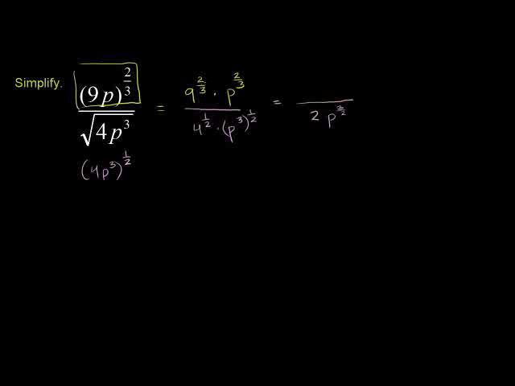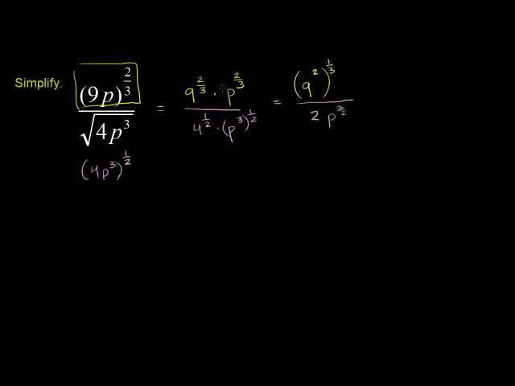Now 9 to the 2/3. See, the cube root of 9 isn't anything easy. Well, actually, we could think about it this way. This is the best way to think about it. I'm kind of unsimplifying it, but it'll help us calculate what it actually means. 9 to the 2/3 is the same thing as 9 squared to the 1/3 power, right?